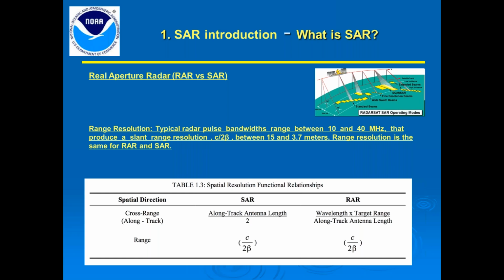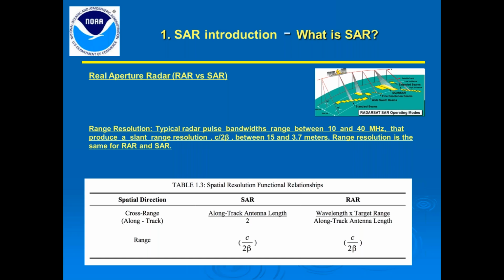For example, for the regular radar, the spatial resolution calculation is very, very different from the SAR in the cross-range, along-track direction. For the range direction, they are more or less the same. Let me just give you an example. In the range direction, you can see this is the range direction, and along track we call the azimuth direction.